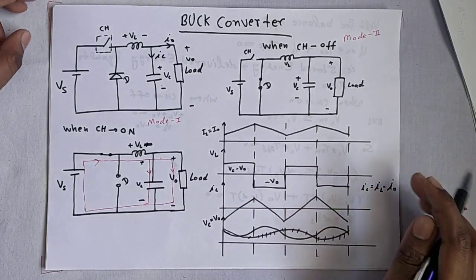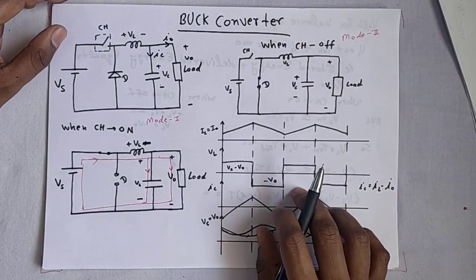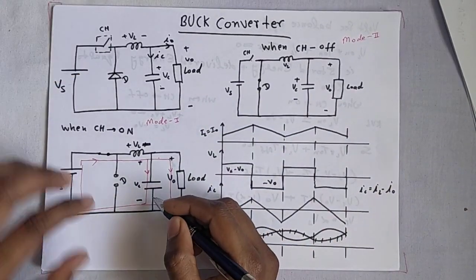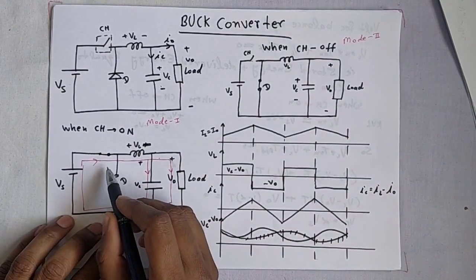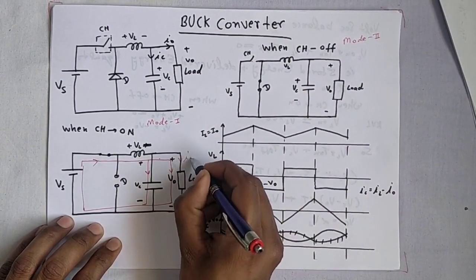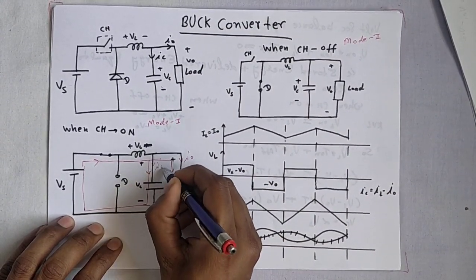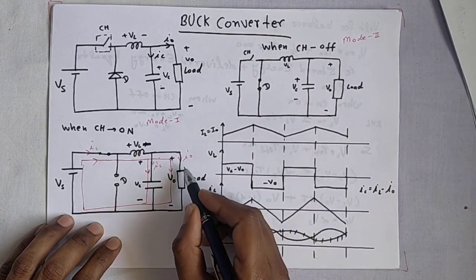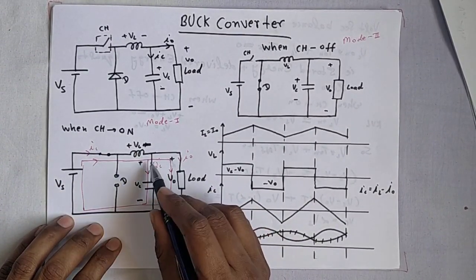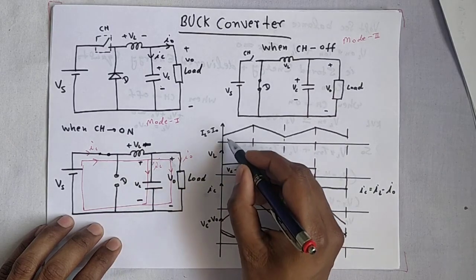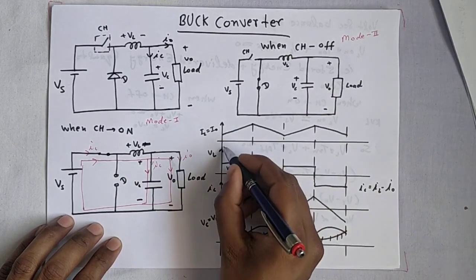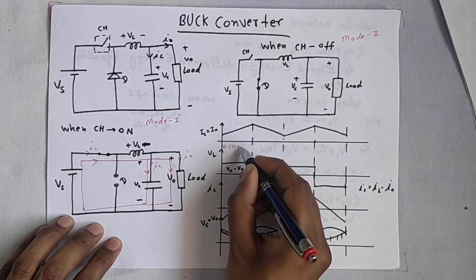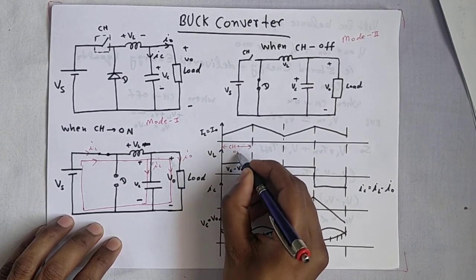So let's see how these waveforms are drawn from the circuit. When CH is on, this is I naught, this is IC, and this is I. When CH is on, I naught will increase and IC also increases.